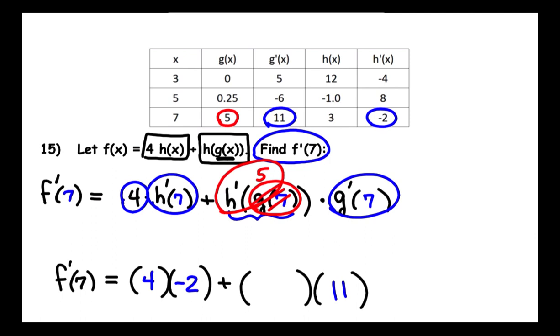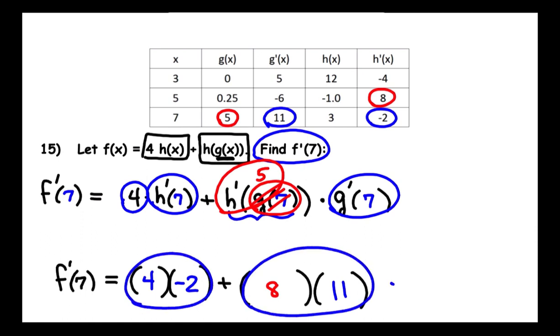H prime of 5 is 8, so I had to come back up to the middle row again. So this is going to be an 8. Now let's just drop the 8 into the parentheses. There you go. And now we'll solve. Negative 8 plus 88 is 80.